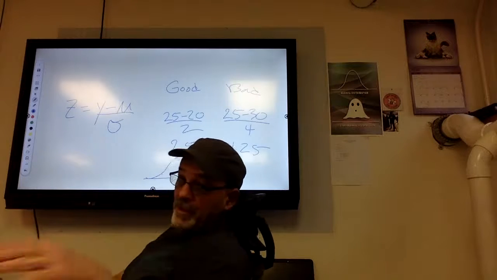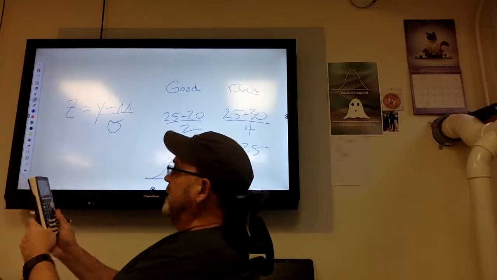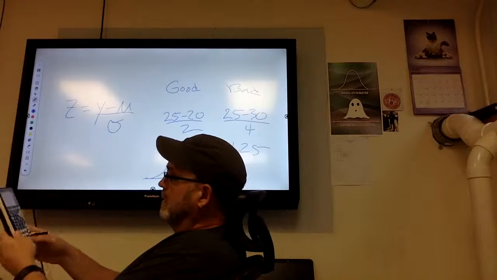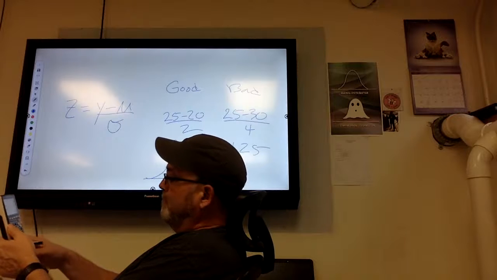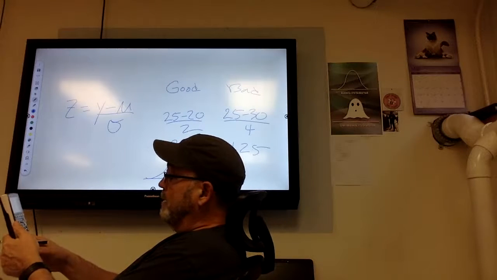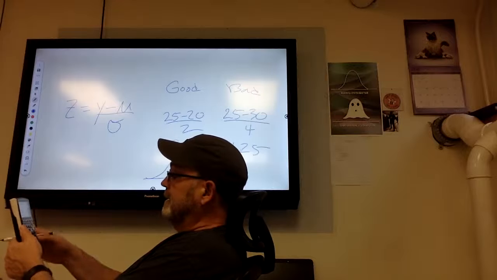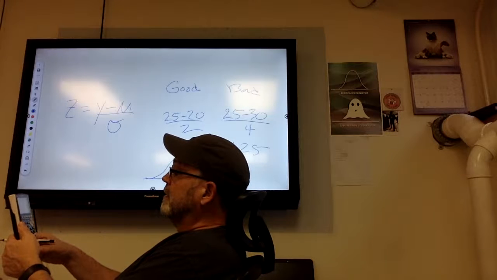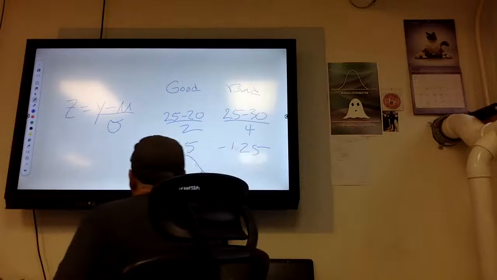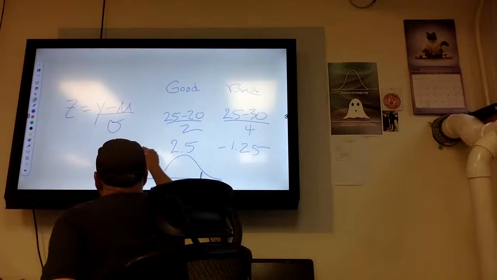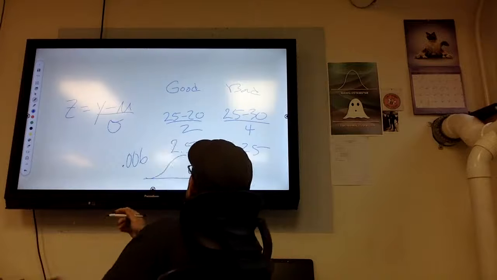And I'll get my calculator out and I'll do normal CDF, 2.5 and 99. And I get 0.006. So that's for the first one.